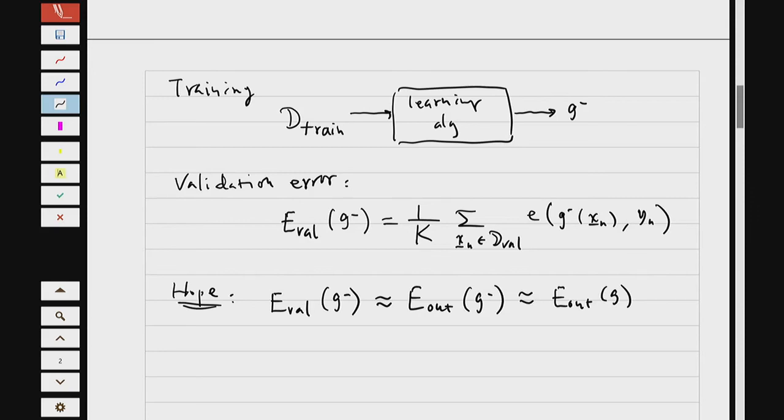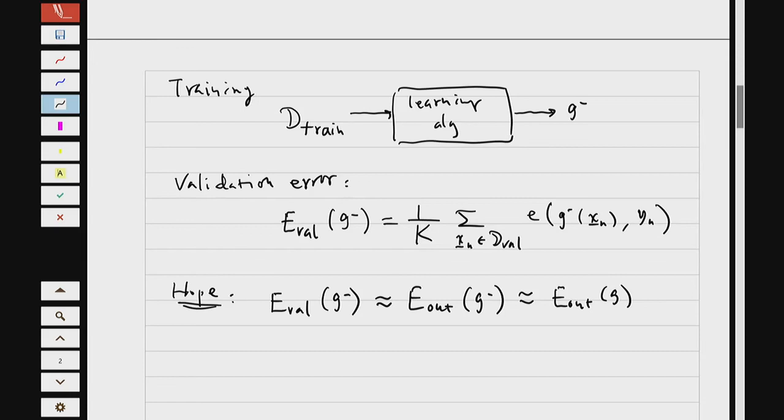The second point here says that, basically, I don't want validation to make our training suffer too much. Under one condition, are these two approximately the same? In other words, G minus and G, they are approximately the same. Under what conditions? Same data points, but then we don't have all of them, so your K has to be small.